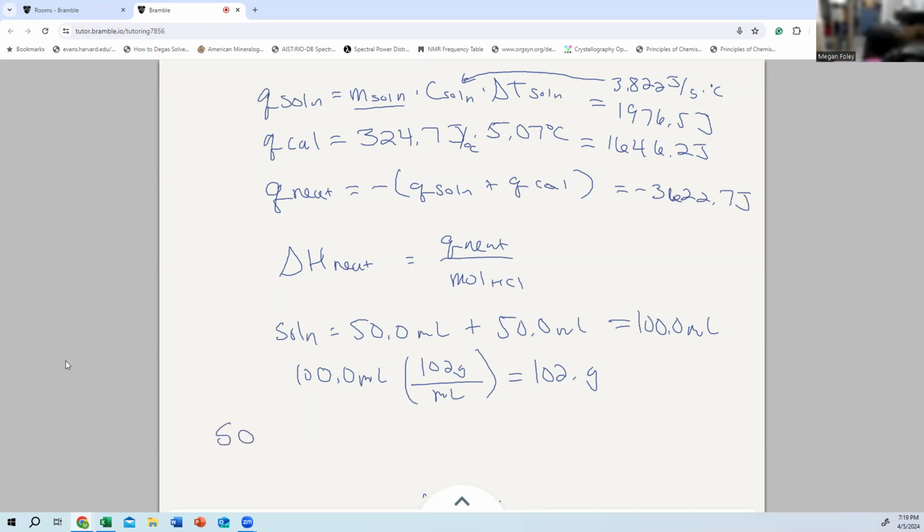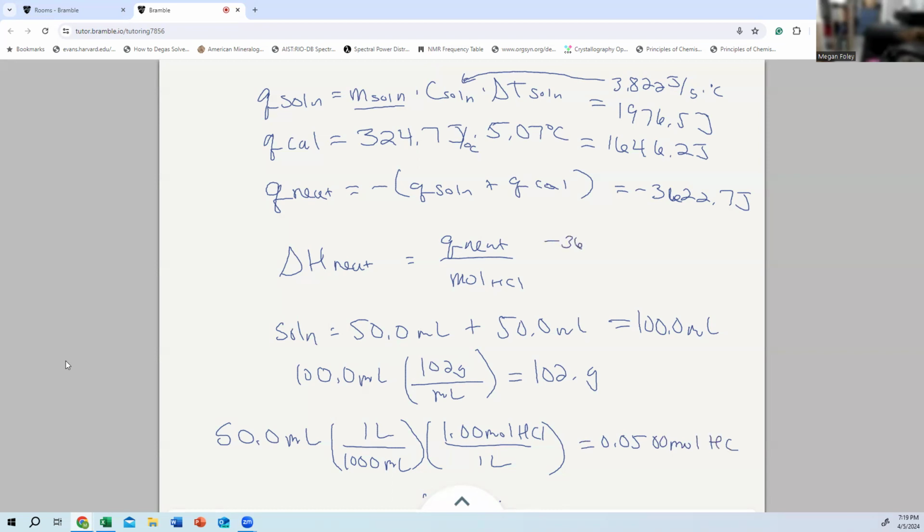Remember that we had 50 milliliters of HCl, which if we divide that by 1,000, and then multiply it by the molarity, we get 0.050 moles of HCl, which we're then going to divide into that, to give us negative 72454.6 joules per mole.